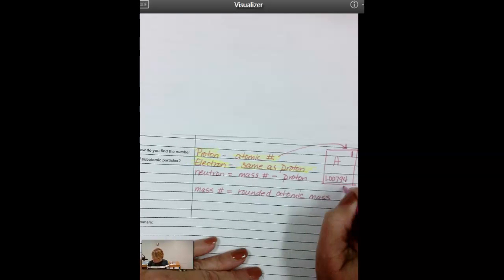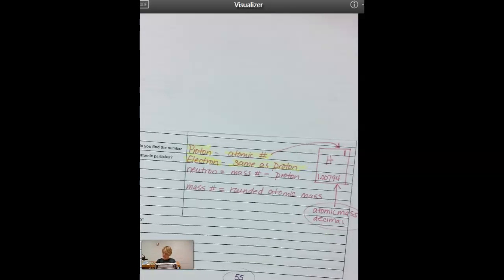The one that's harder to find is the number of neutrons. First off, if you have hydrogen, this number here, let's not confuse them, is called the atomic mass. It is always going to be a decimal value, and we're going to talk more about how to compute that later on.